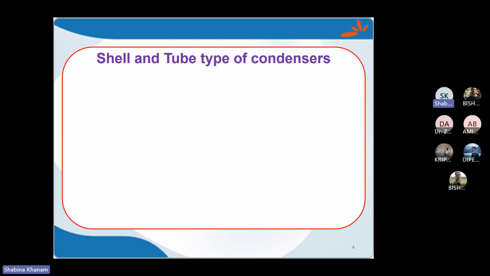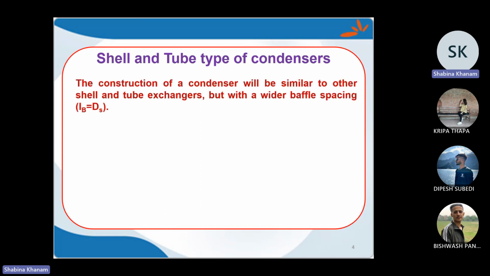So when we are considering shell and tube type of condenser, if I see the geometrical variation, the geometrical variation will be only this, that in that case the baffle spacing should be equal to shell diameter.